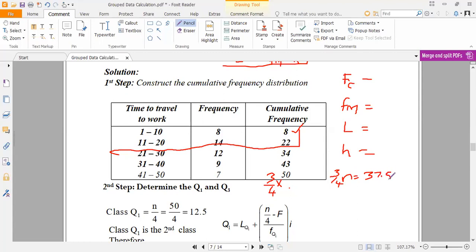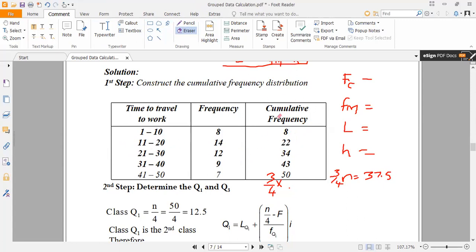So what do we do to this 37.5? We're going to identify the number that is equal to or first exceeds 37.5. What number is that? 43, sorry.